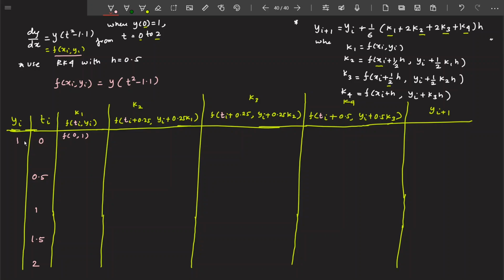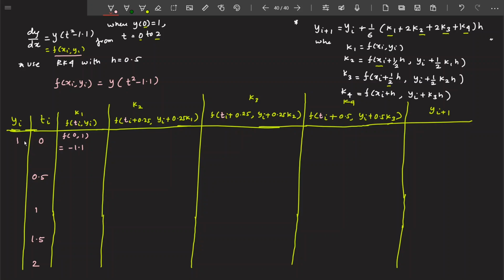Substitute this value in this equation and you will find out that the value of k1 that you're getting is minus 1.1, minus 1.100, but there is no need of writing that down.